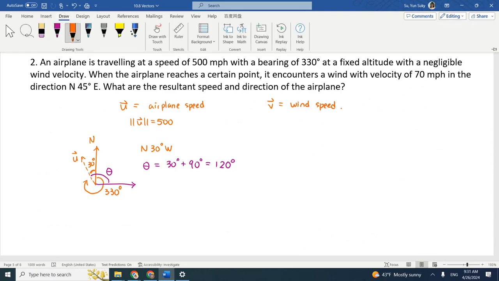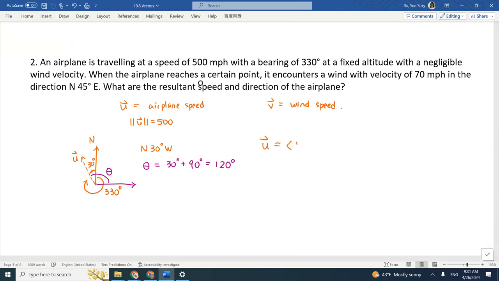Therefore, our u, what's component form again? Magnitude of u times cosine theta, magnitude of u times sine theta. What is magnitude of u? 500. Cosine theta is cosine of 120 degrees.